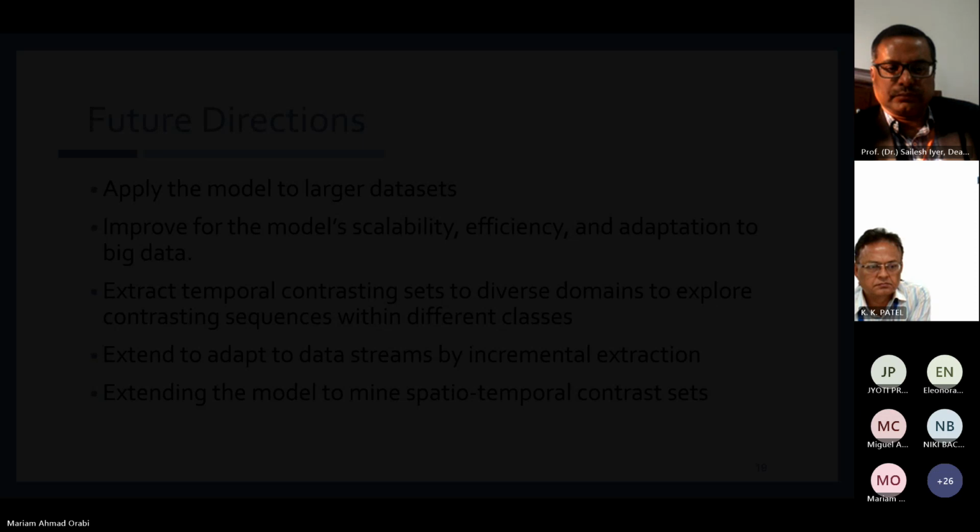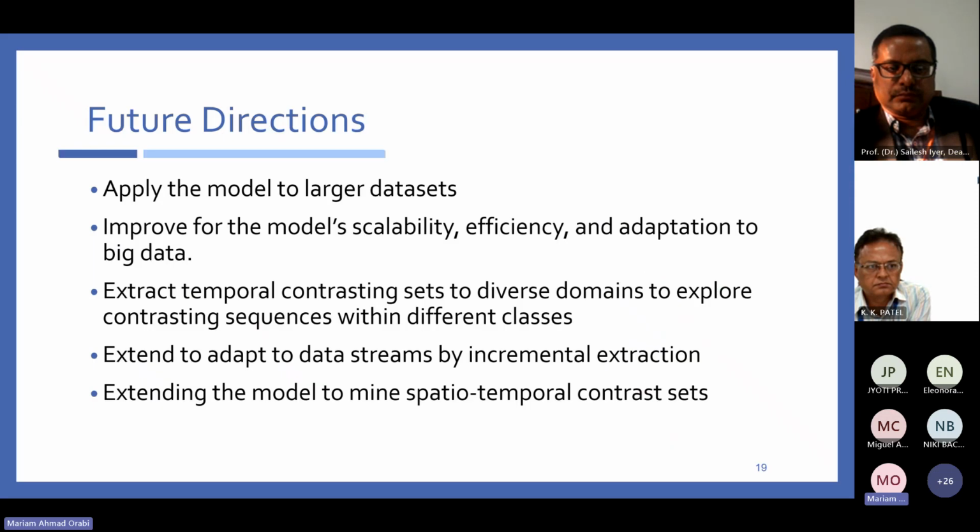For future directions, we would suggest applying the model to larger datasets to improve the model scalability, as it depends on a tree traversal method. So we suggest improving its scalability and efficiency and adaptation to big data.